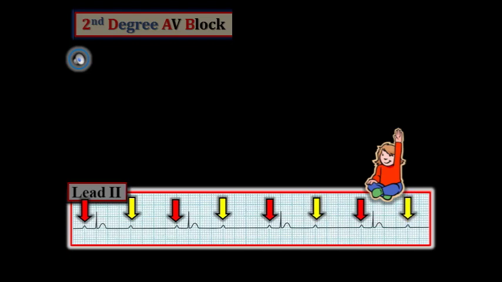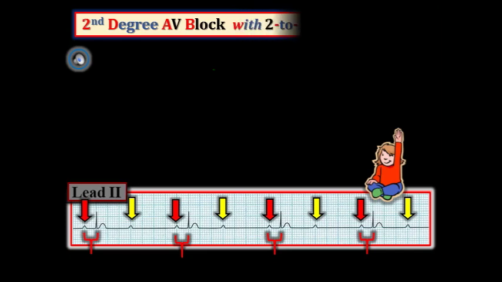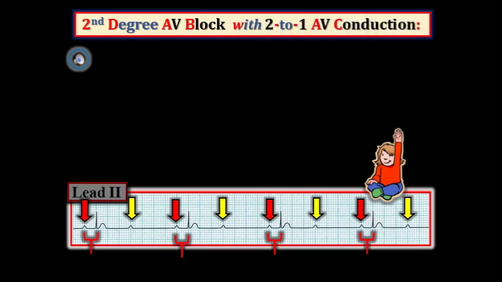However, if we look in front of each QRS complex that is seen on this tracing, each QRS is preceded by a P wave with a fixed PR interval, red brackets. Therefore, every other P wave is being conducted to the ventricles. So we have a second-degree AV block in which some P waves are conducted, but others are not. There is 2-to-1 AV conduction because for every 2 P waves, only 1 is conducted to the ventricles.